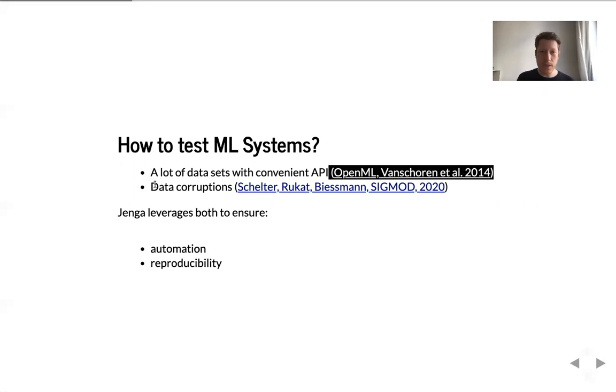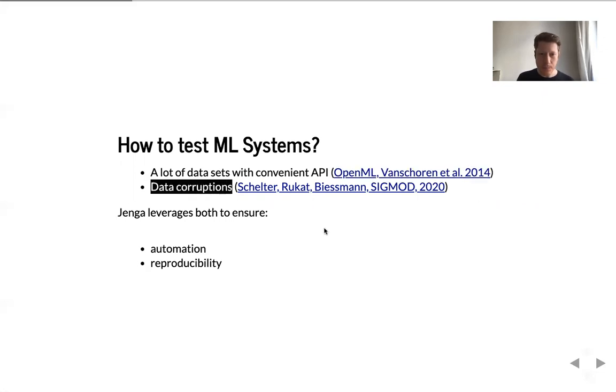Another ingredient is data corruptions, and this is something that we used in our last year's SIGMOD paper. So Jenga leverages both data corruptions and conveniently accessible data sets for automation and reproducibility of your tests of your machine learning models.